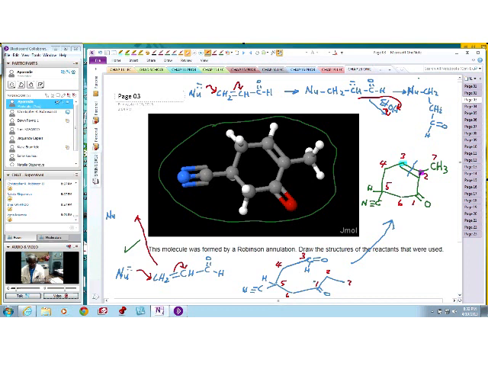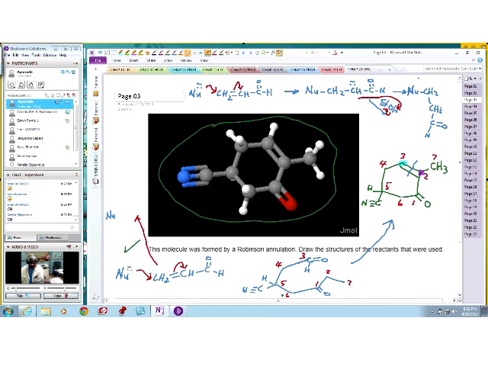So, which of these carbons will be your nucleophilic carbon? Because we have to form a new carbon-carbon bond. Anybody have an idea?